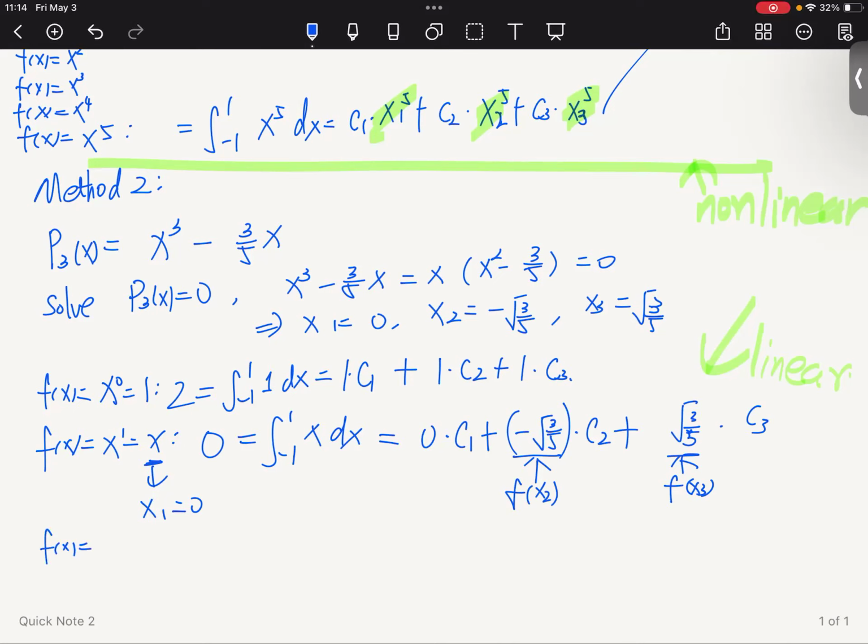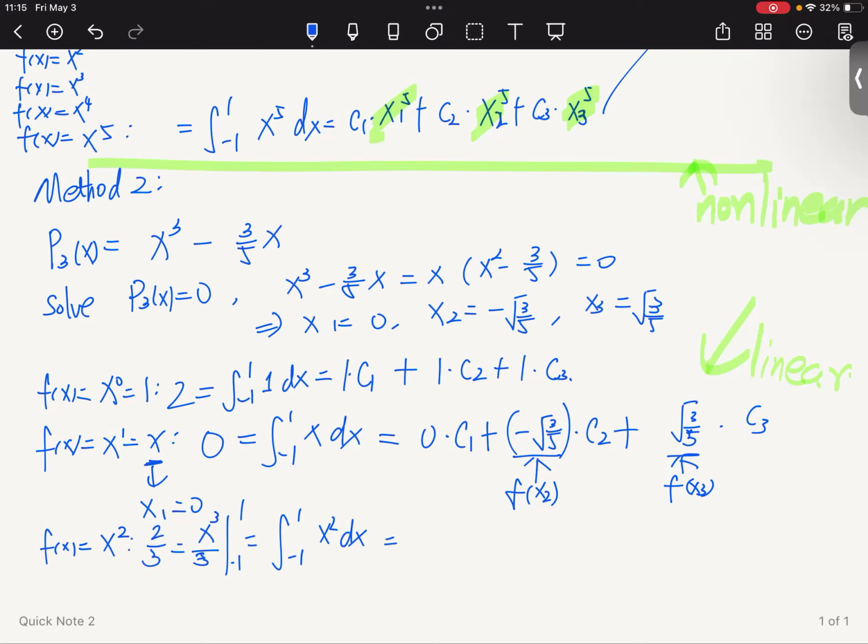The next thing we are going to plug in is f(x) equals x squared, which gives us the integral from negative 1 to 1 of x squared dx, and if we do the integration, it equals 2 over 3, right?